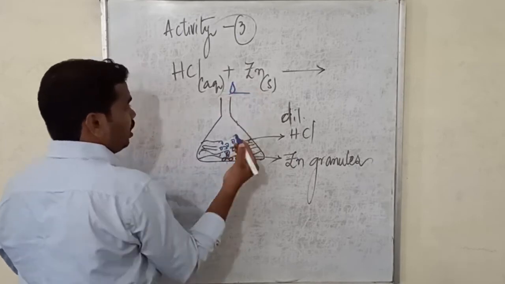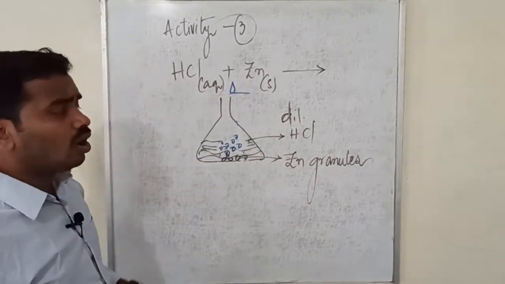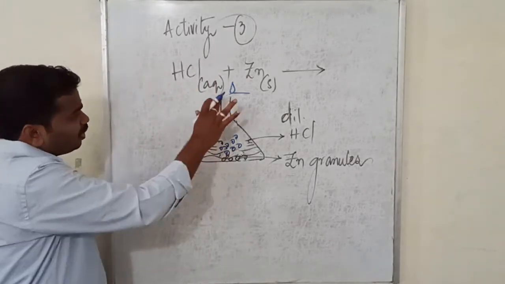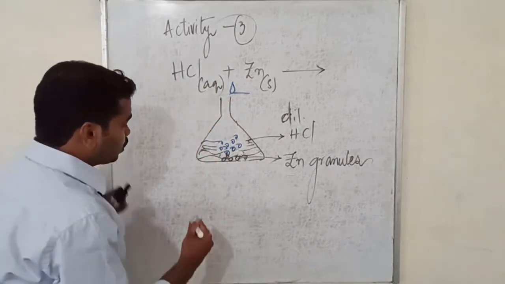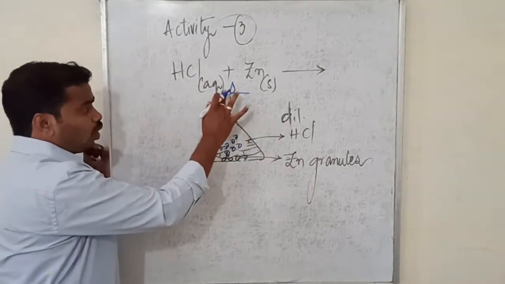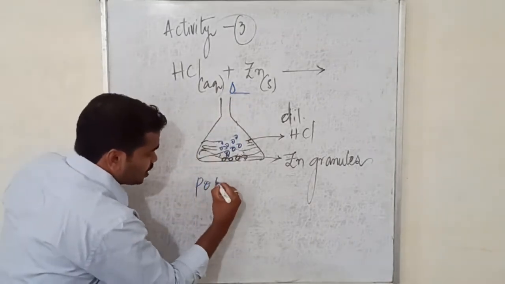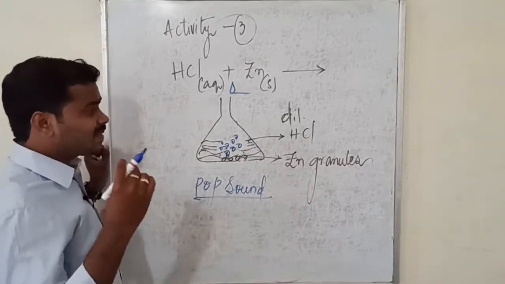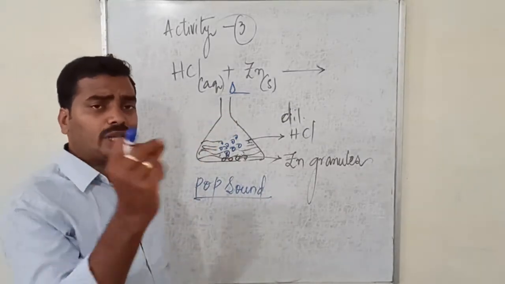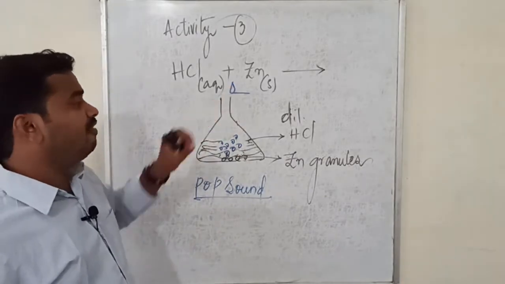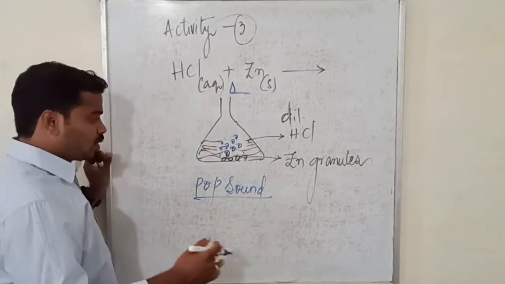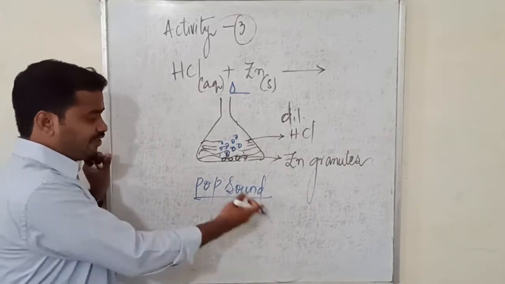You can put a burning matchstick at the mouth of this conical flask, at the brim of this conical flask. When you put a burning matchstick, it will get put off with a pop sound. There will be a sound made while putting off this burning flame on the matchstick. Let us suppose, we shall see different cases.